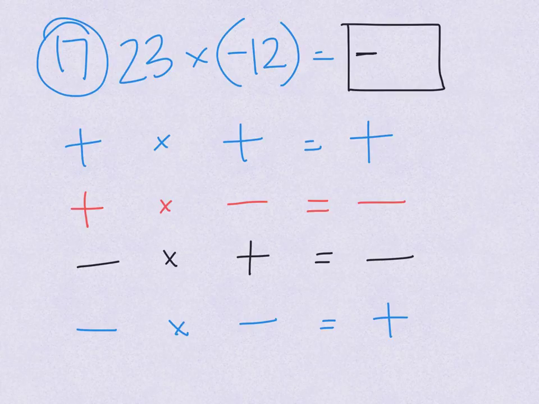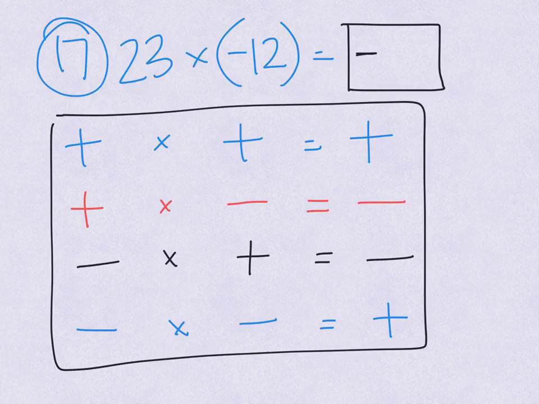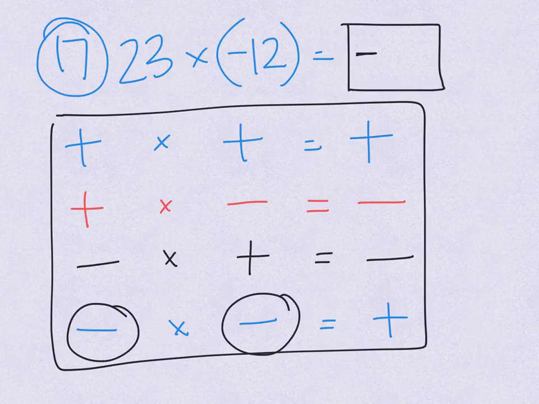Now, if you have more than 2 numbers, I only gave examples using 2 numbers being multiplied here, then you would still look and say, okay, if I have an even amount of negative numbers, it will be positive. Now, if I multiplied -1 times -1 times -1, I have an odd number of negatives, which means my answer would be negative.